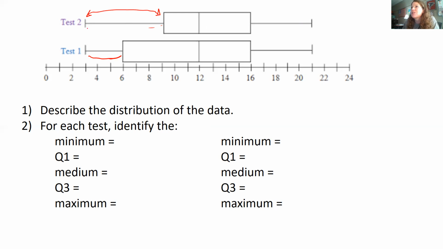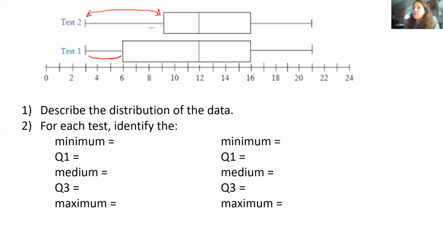But this kind of looks symmetrical, but it's more skewed left. Whichever whisker is the longest, if it's the left one, you'd say it's skewed left. If your right whisker is the longest, that means it's skewed right. That means there's a greater range in the highest 25% of your data.